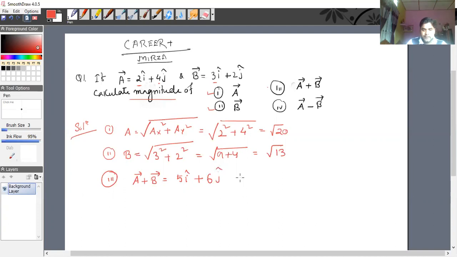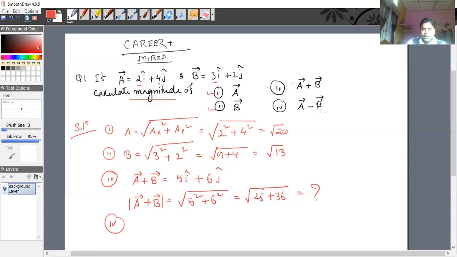Okay, therefore we have to find the magnitude, so under the mode it will come like this: A plus B, so x component 5 square, y component 6 square, so the answer is 25 plus 36. You do the rest yourselves.